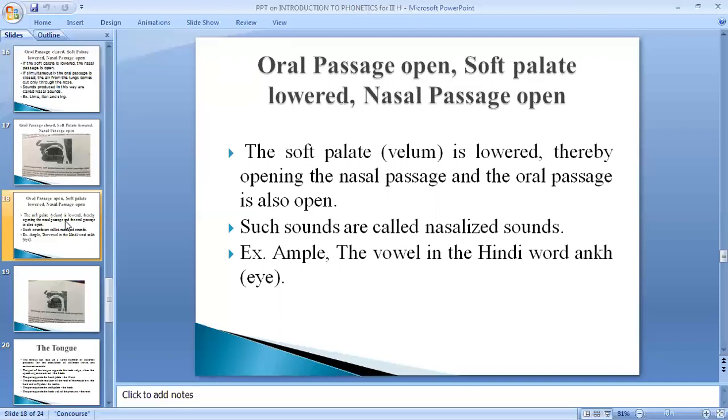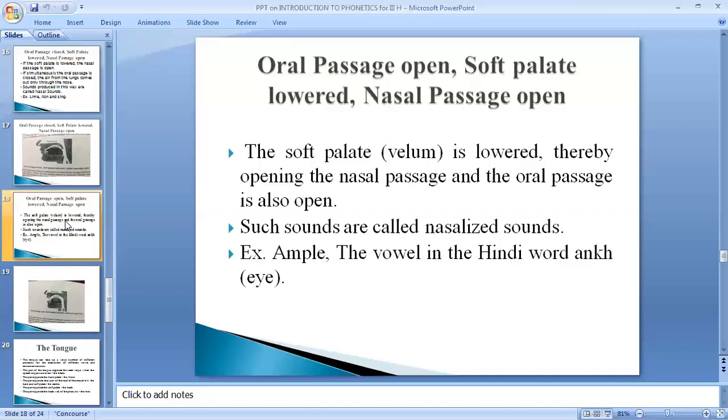Both passages will be opened. Such sounds are called nasalized sounds. For example, the Hindi word ank.